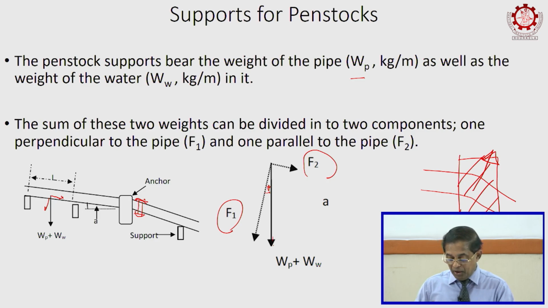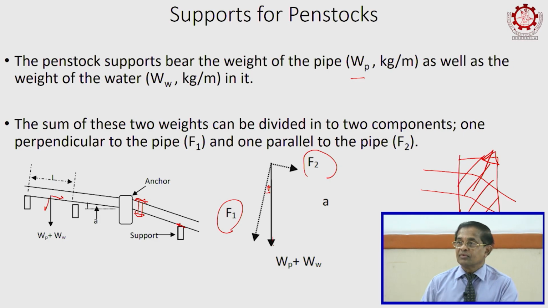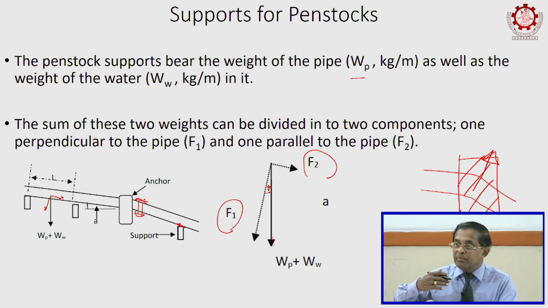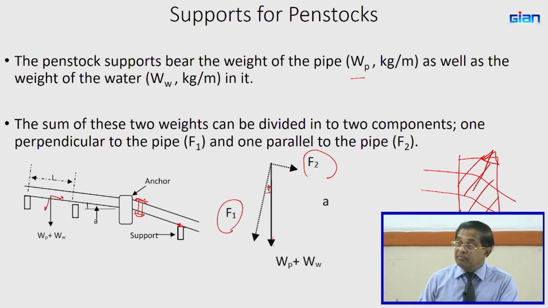So, we have to mind all these things and accordingly design the penstock. Now what happens is, expansion occurs, and when expansion occurs, the pipe will try to move this way, on the support. On the support the pipe will slip. As soon as it tries to slip, a force will act on the support, a frictional force.